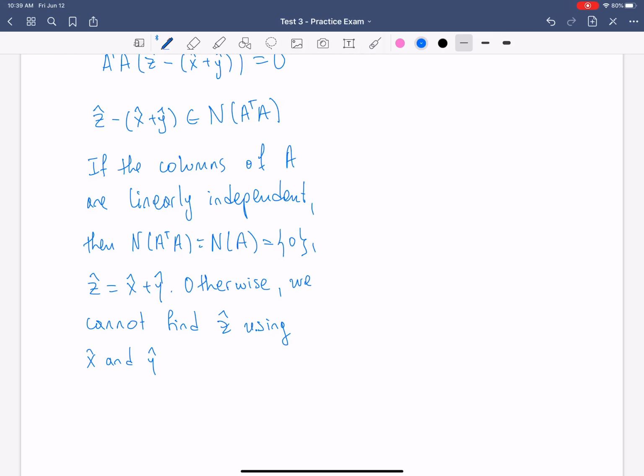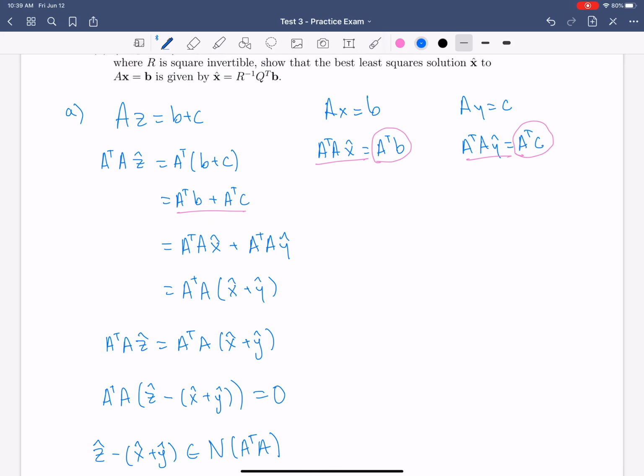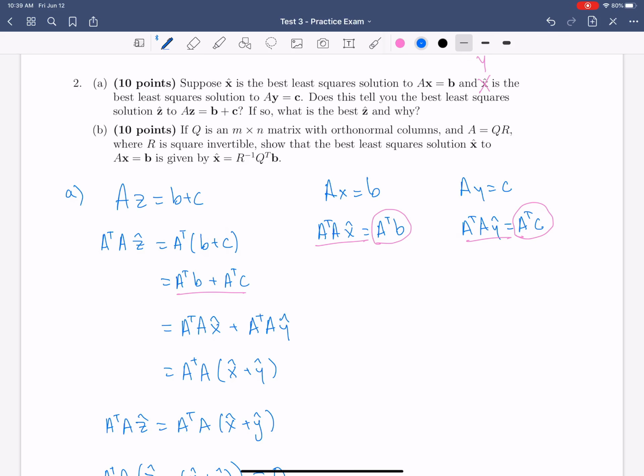It is related. We know that the difference between Z hat and X hat plus Y hat is in the null space, but that's about it, okay? So the uniqueness is not enough. I mean, the uniqueness is obtained only if you have linearly independent columns. So the answer is sort of yes and no, right?